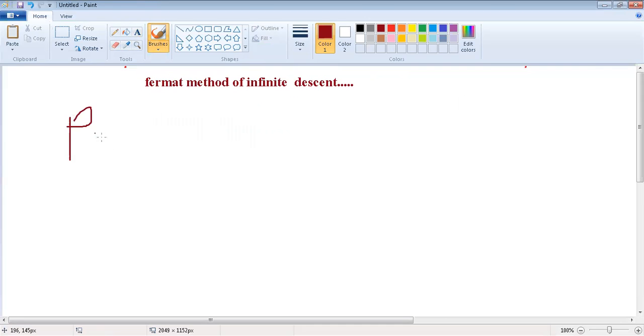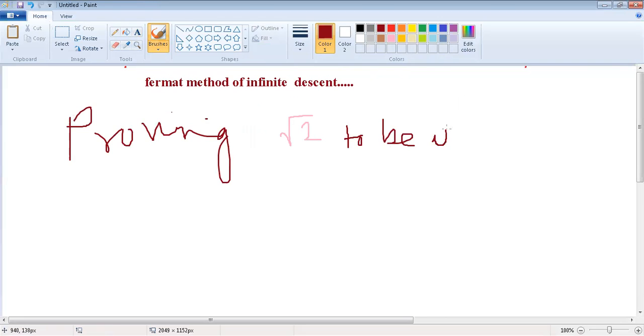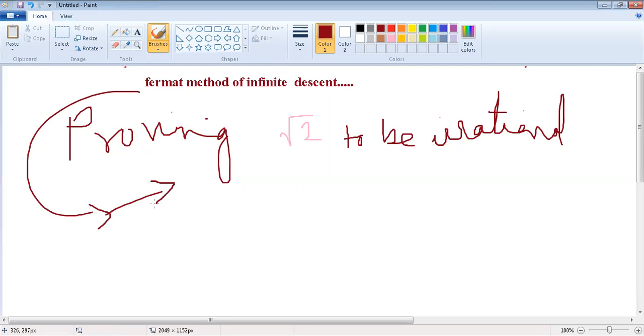So let's have a question: proving root 2 to be irrational. This Fermat's method of infinite descent has two parts.